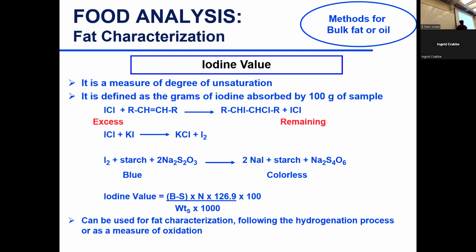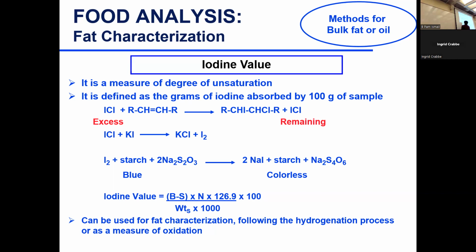But what you have in this equation, it's a percentage, grams per 100 grams. So you have your typical dividing by sample weight, multiplying by 100, okay? So grams per 100 grams. What you have here is at equivalence, that means when you reach colorless, equivalence of iodine equals the equivalence of the sodium thiosulfate.